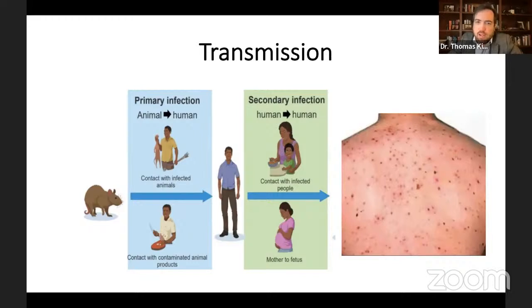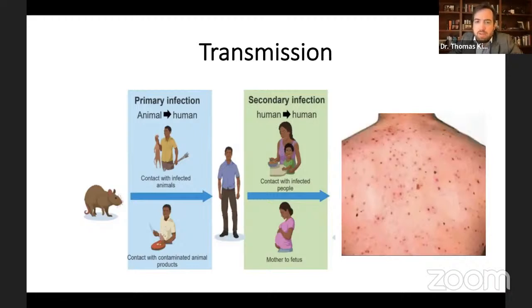And then human to human spread is possible. Typically this occurs because someone has direct contact with a rash. Other methods of transmission, such as sex or oral secretions, haven't been proven, but there is some suspicion that it can spread this way.